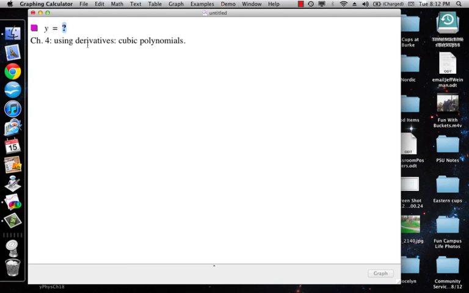And so what I'm going to do is I'm just going to say, let's take a cubic polynomial. And so I'm going to break it into 3 parts. I'm going to say that it crosses the x-axis at negative 1, positive 2, and positive 3.